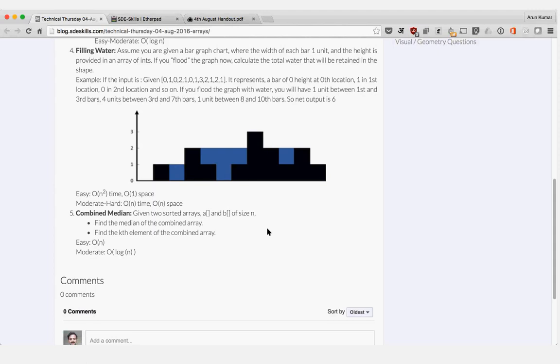Actually, this will not work. Assuming I have two arrays, one array is 1 3 5 7 9, and another array is 1 2 3 4 5. In the first array, the middle element is 5. In the second array, the middle element is 3. These are 5 by 5 arrays, so the median element is at 5.